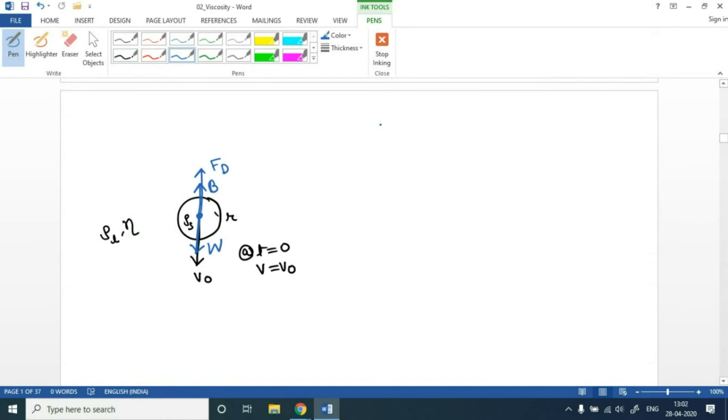collectively, W minus B, that W effective we can write down, that is nothing but W minus B, and that you understand is nothing but W into 1 minus rho L by rho S over here.